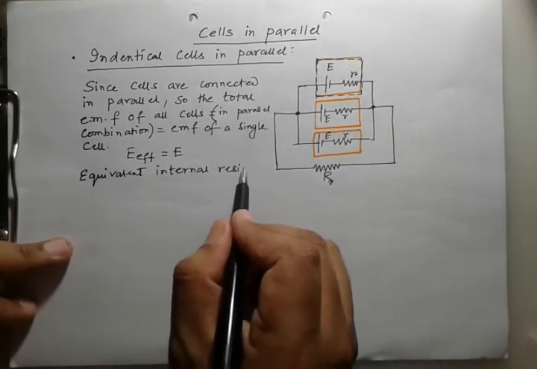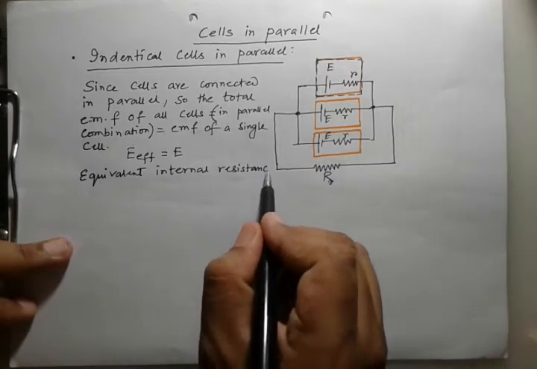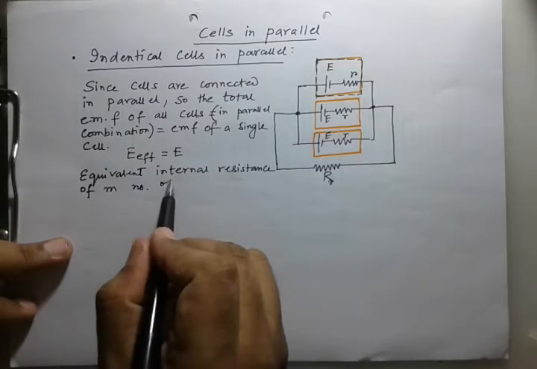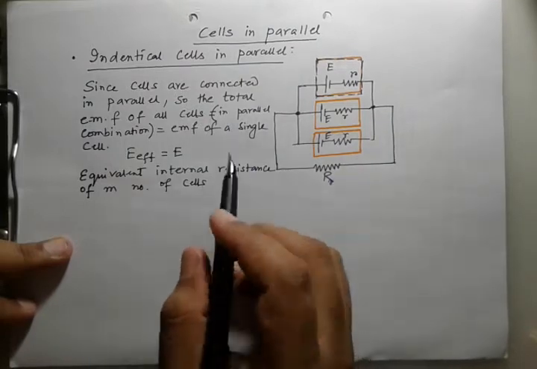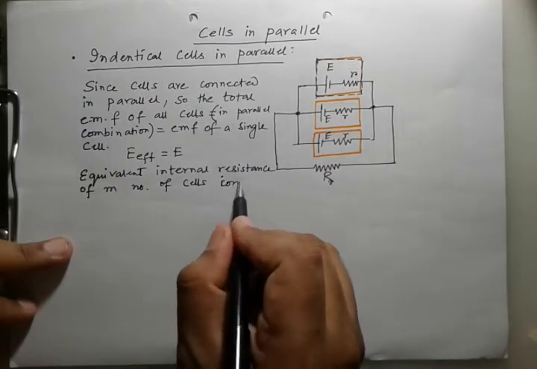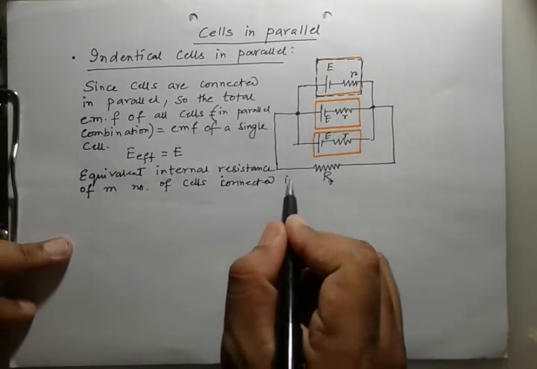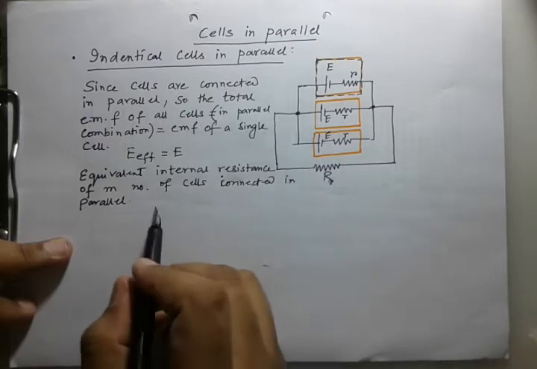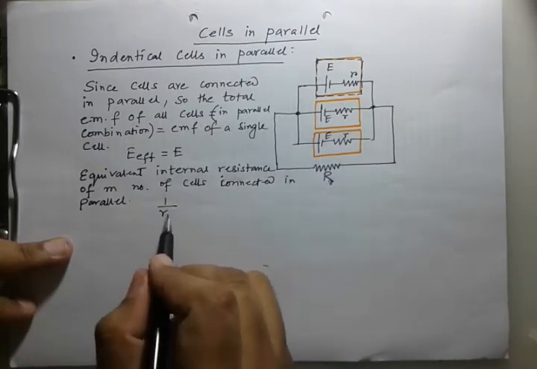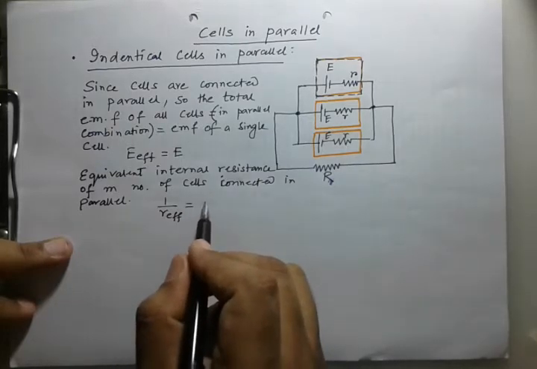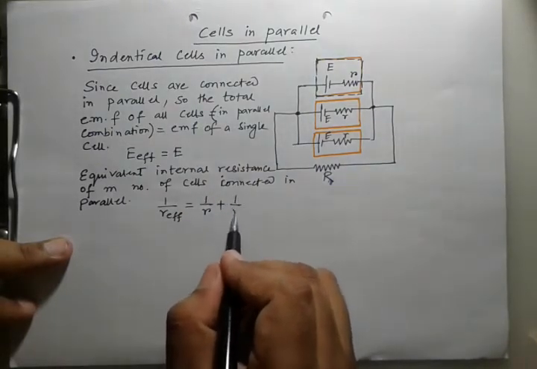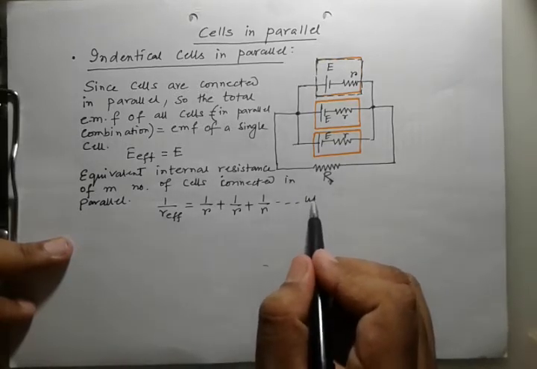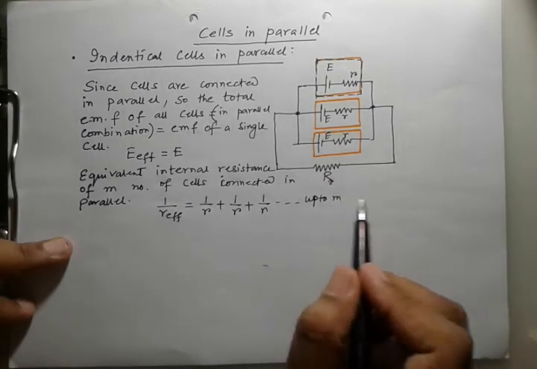So the equivalent internal resistance of m number of cells connected in parallel: the formula will be 1 by r effective is equal to 1 by r plus 1 by r plus 1 by r and so on up to m numbers.